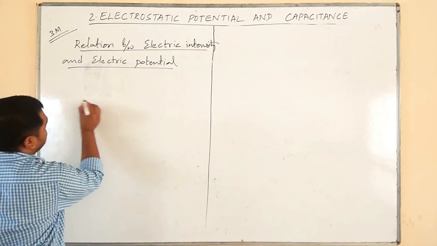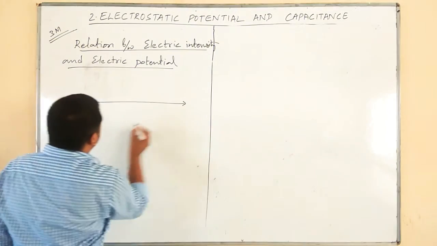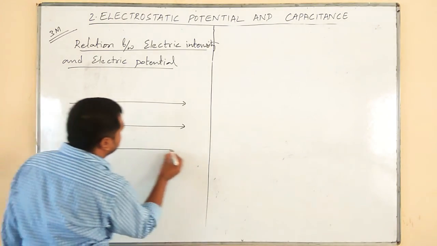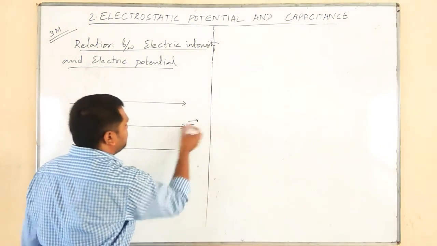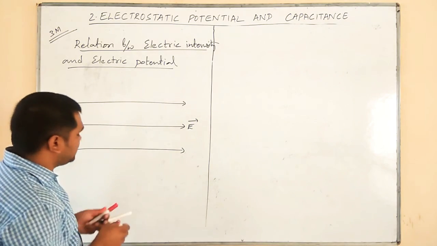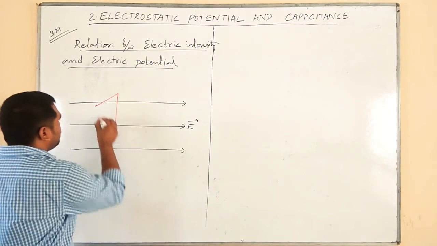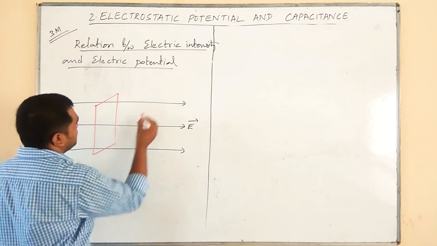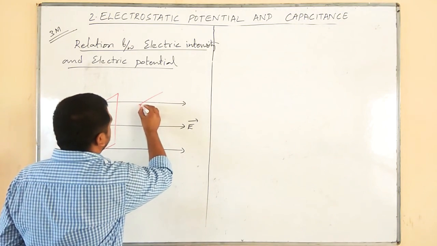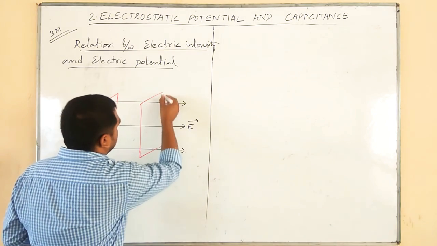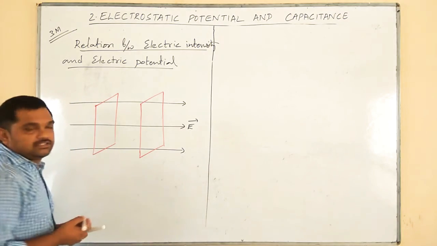Please remember. Let us consider a uniform electric field like this, which is along the positive x-axis. Now let us consider 2 equipotential surfaces like this.